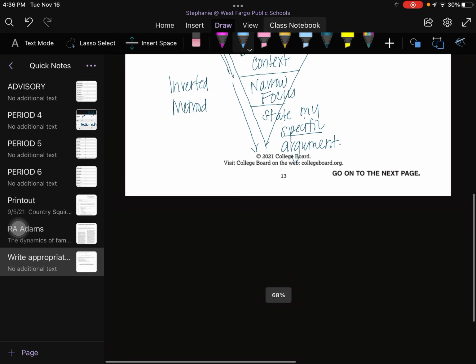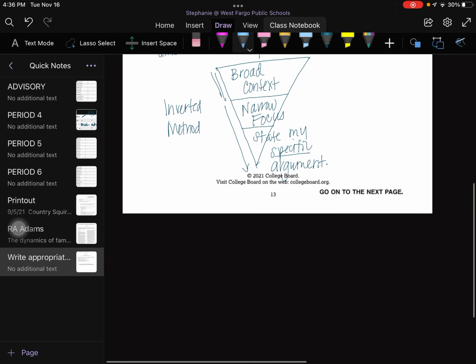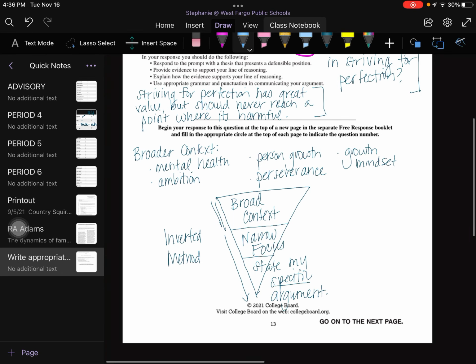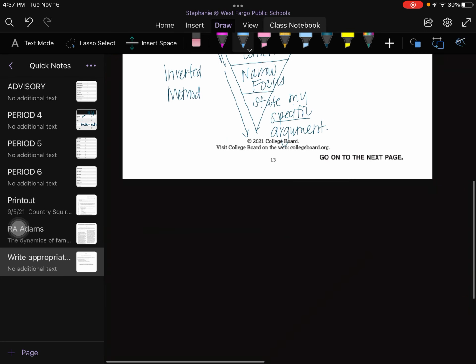Be sure to write this example down so you can use it later and on your assessment. The first thing we want to talk about is broad context. If my argument is going to be about perfection is good until it reaches a certain point, I think the things I'm going to talk about are mental health, but also perseverance. One thing I think about with the word perseverance is the common expression, practice makes perfect.